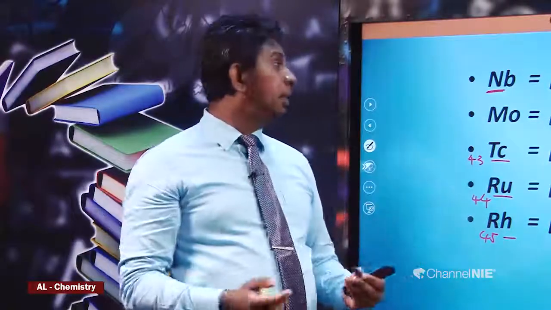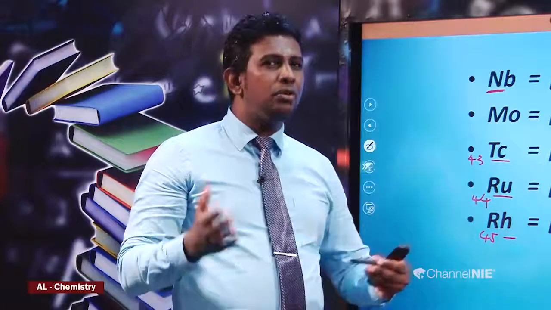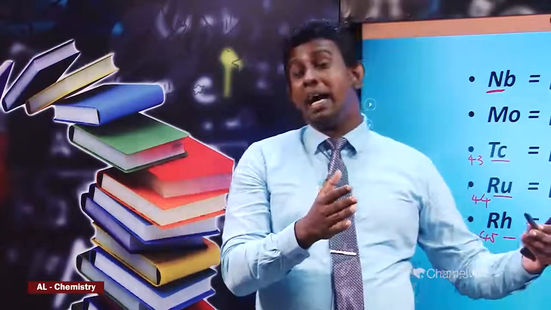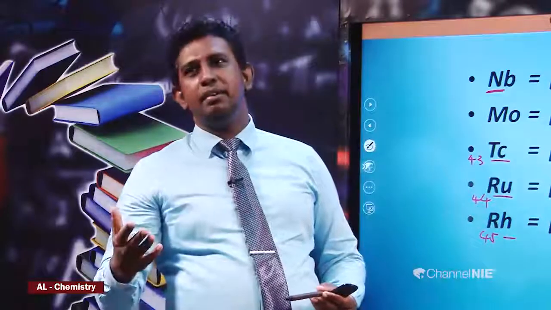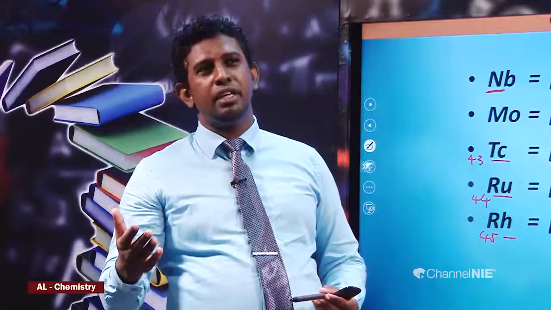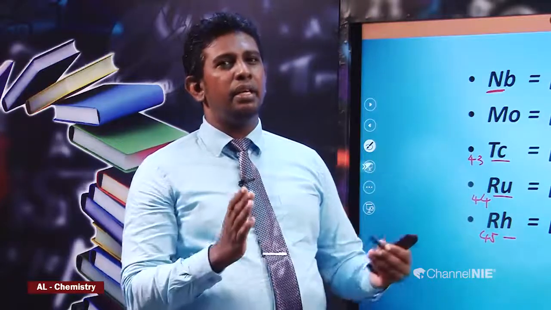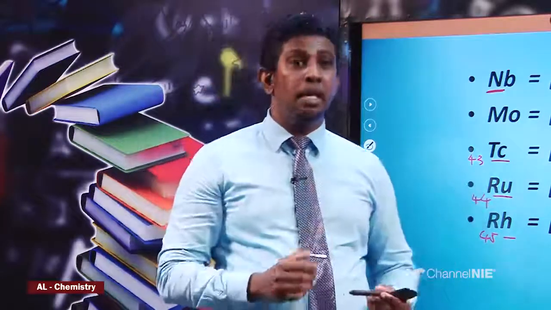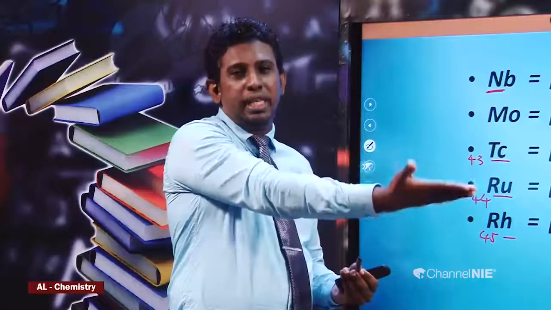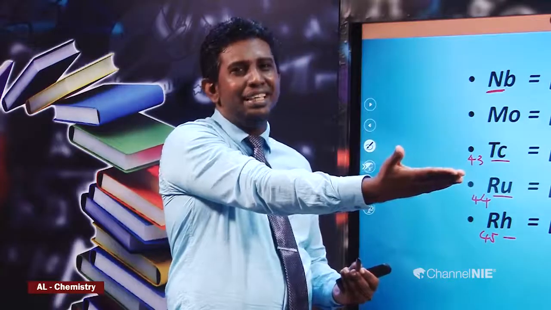Therefore, we could find out according to our logic, Aufbau's principle, and further the deviations logic, thinking of the stable electronic configuration. We got those two logics. Beyond those two logics, it's quite illogical.